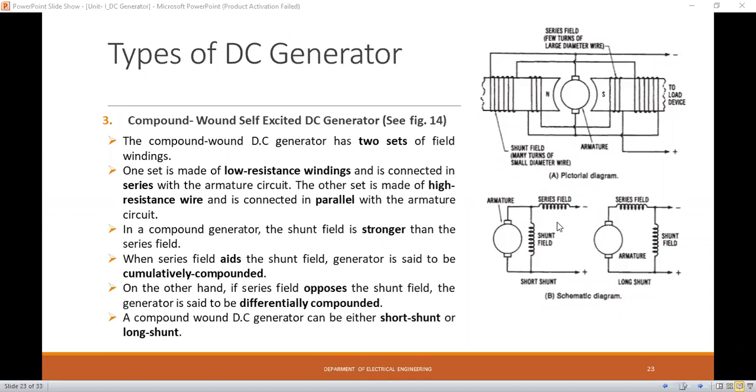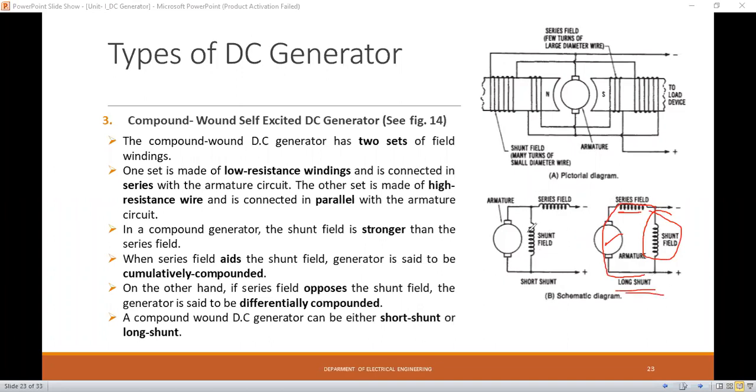And if the shunt field winding is connected in parallel with the armature winding plus series field winding, then it is called long shunt. See, it is given here. So when do we call it long shunt? If the shunt field winding is connected in parallel with both the armature and the series field winding, from here to here, then it is called long shunt.